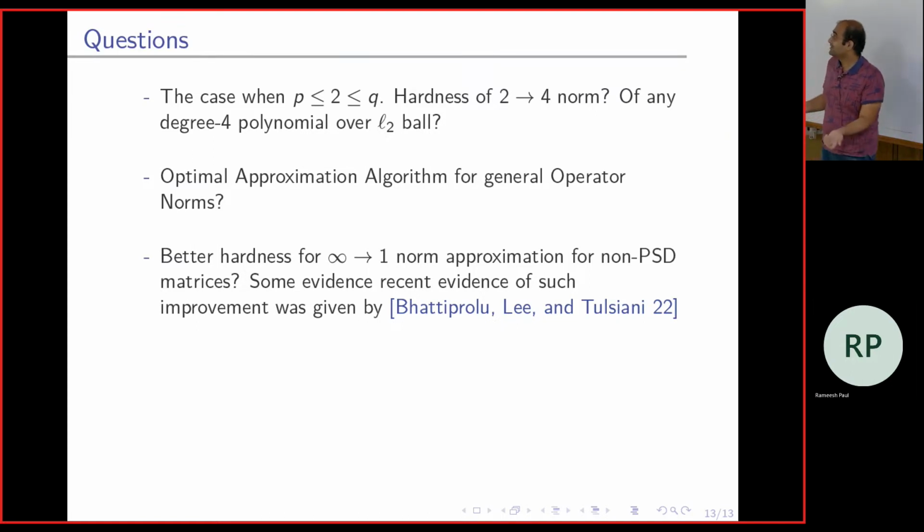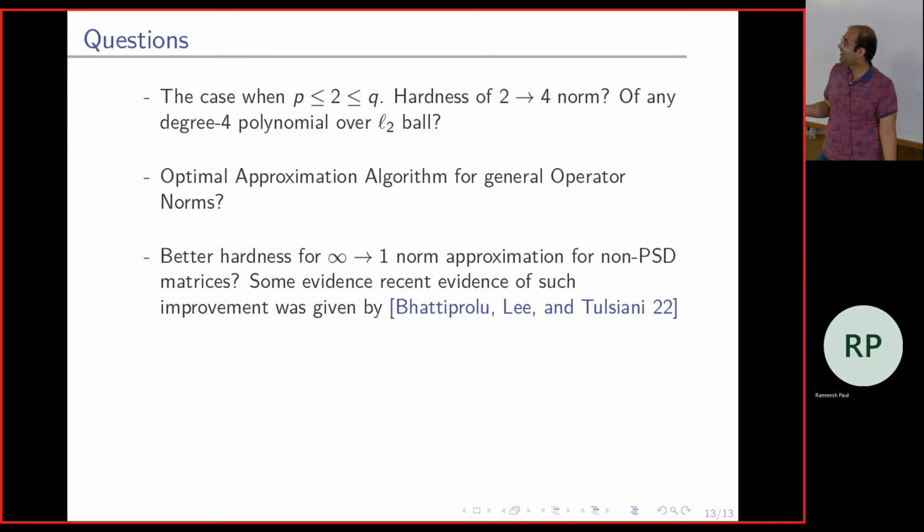In fact, there was a paper which appeared in this year by Vijay, Euiwoong, and Madhur, which did so for infinity to 1, where the gap is pi over 2 minus epsilon, but epsilon is tiny. So you can do something better than PSD matrices.